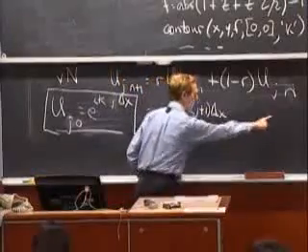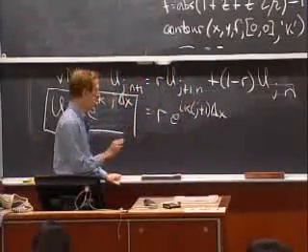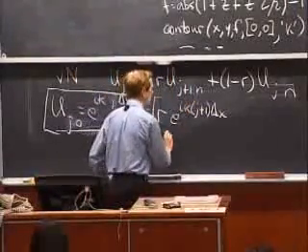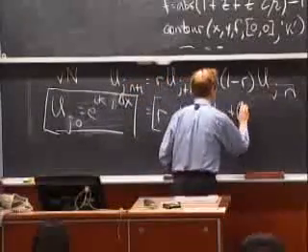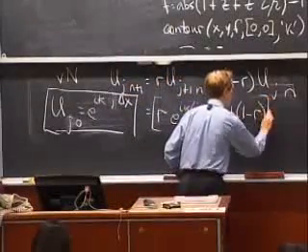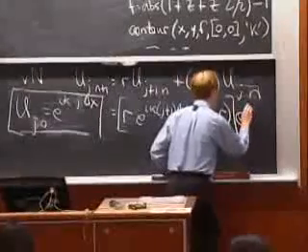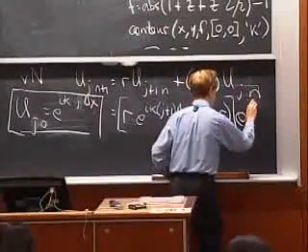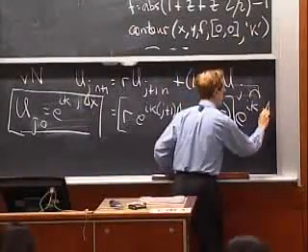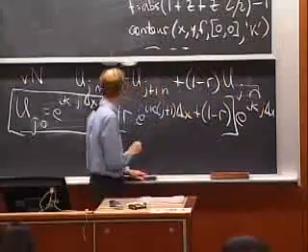Can I save the exponential because it's going to factor out? Plus 1 minus r times the exponential itself, e to the i k j delta x.